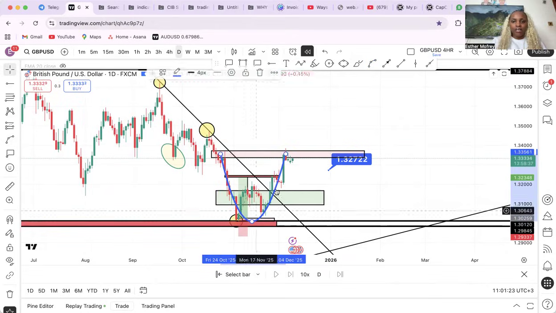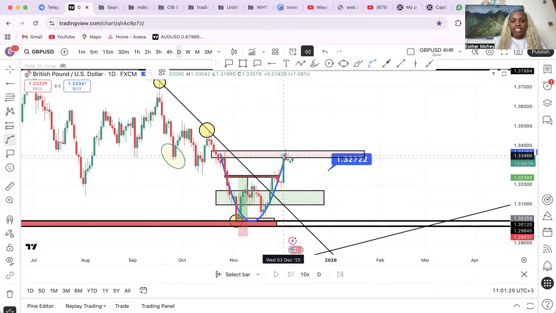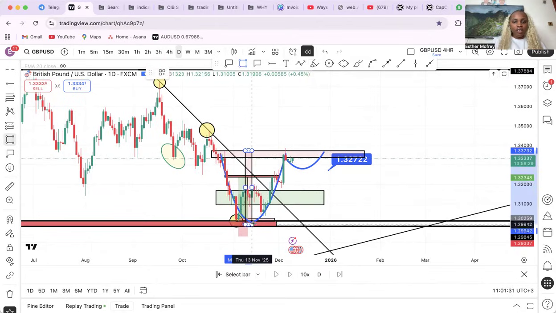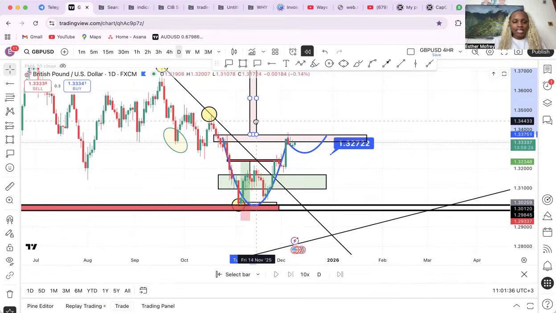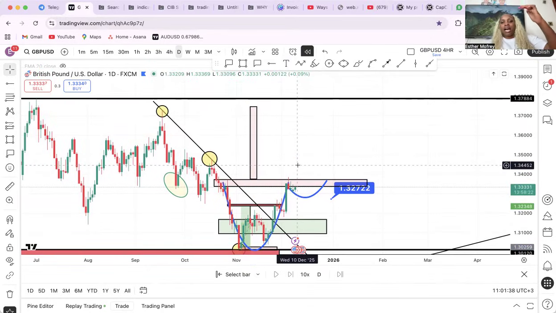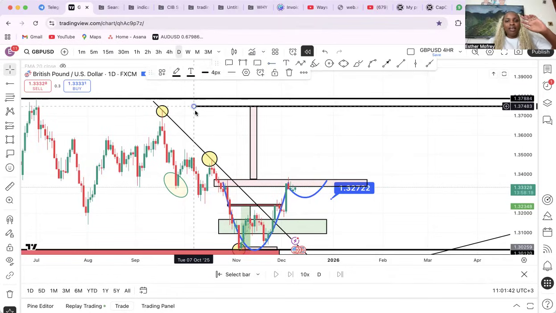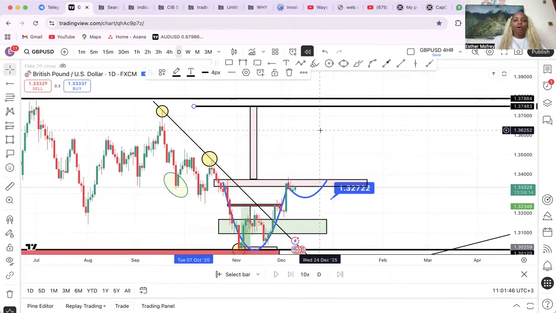Cup and handle is a failed double top that will still continue to go this distance. So this double top, if you're looking at it, don't be biased. Oh, it's a double top, let's sell. It can also be a double top that will help people to buy. So many things can help us to know if this market will buy or it will sell.